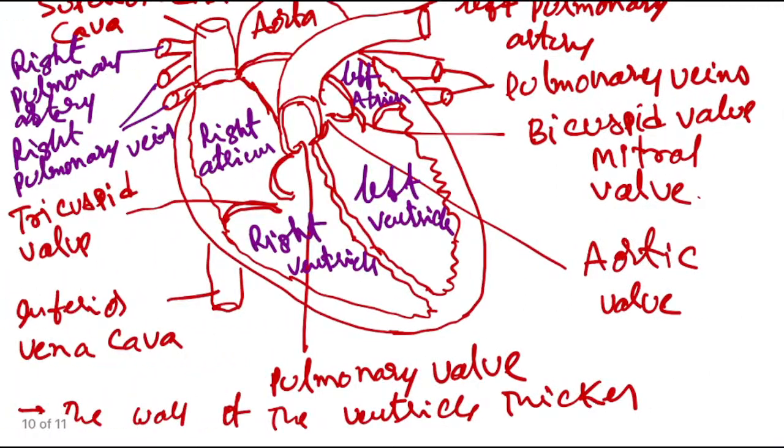Okay, so small ridges are called columnae carneae, and large ridges are called papillary muscles.